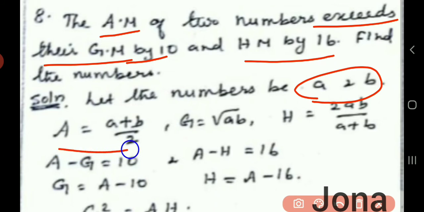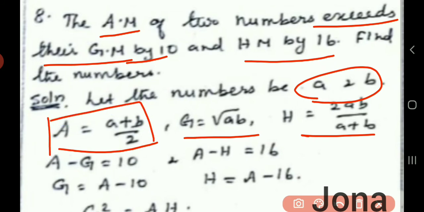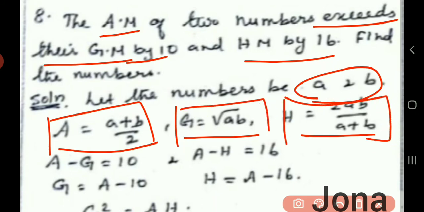For the arithmetic mean, we have the formula A equal to (a plus b) by 2. For the geometric mean, we have G equal to root of ab. For the harmonic mean, we have H equal to 2ab by (a plus b). These are all the formulas we already have, and we are going to use them here.